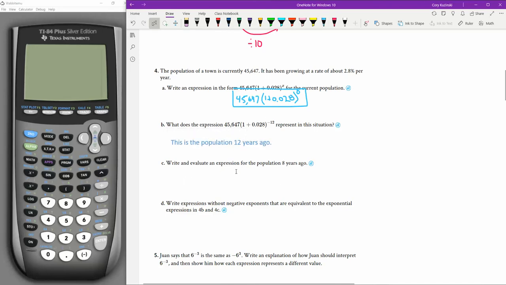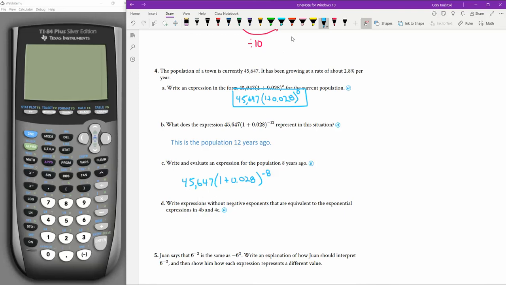What would that expression look like? Okay, simple enough. It would just be 45,647 times 1 plus 0.028. But we're working backwards 8 years. There we go.